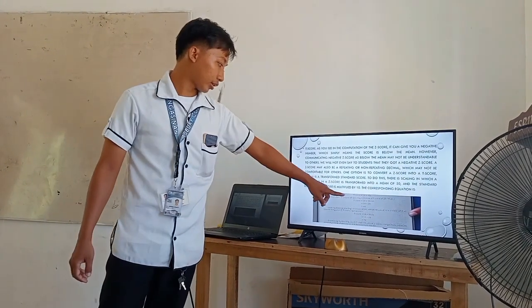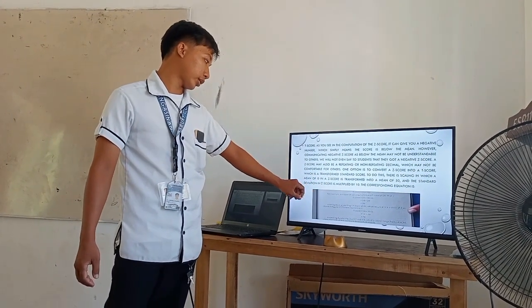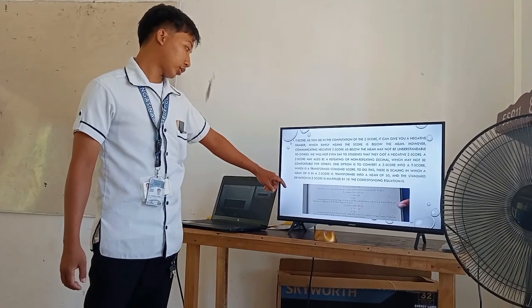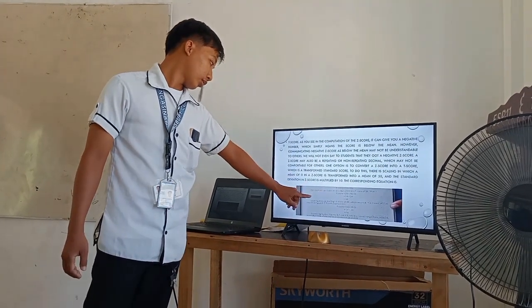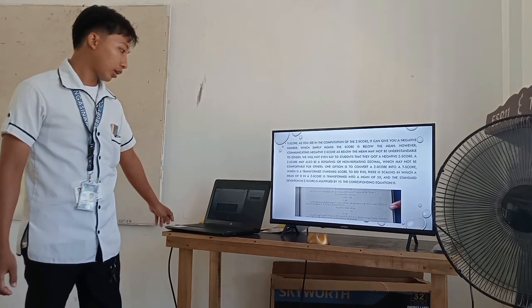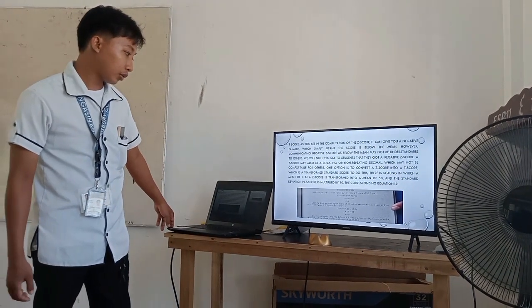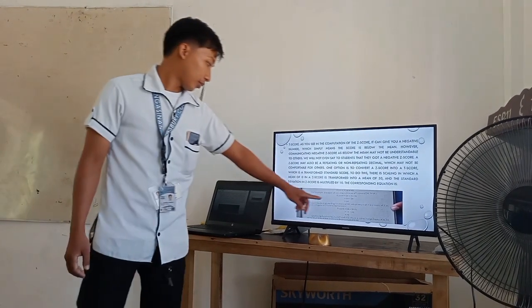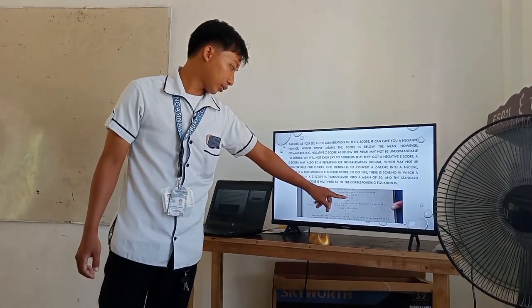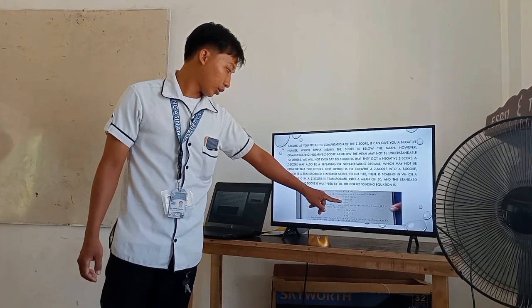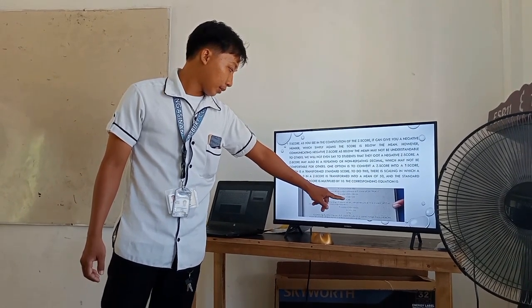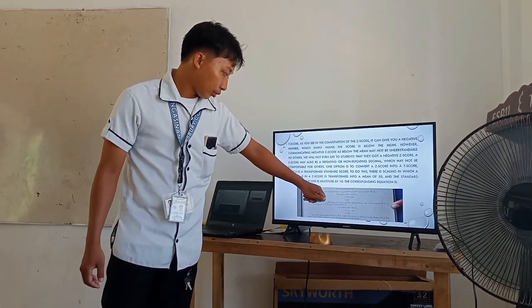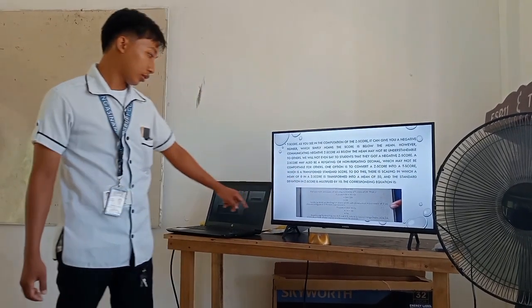So ito yung example para transform natin yung Z-score sa T-score. For example, a Z-score of negative 2 is equivalent to a T-score of 30, that is 50 plus 10 times negative 2. So 50 minus 20 equals 30.